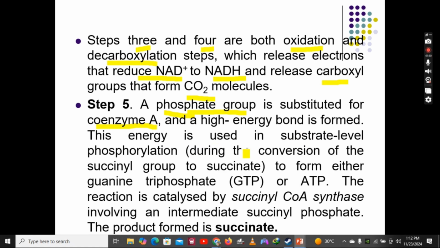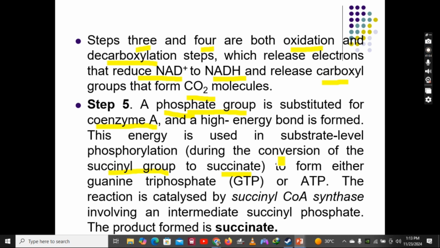This high energy is used for substrate level phosphorylation during the conversion of the succinyl group to succinate. Okay, we look at another step where the succinyl CoA will be converted to succinate. At this stage, since the CoA has been substituted by the phosphate group, what remains is only the succinyl group without the CoA attaching itself to this molecule.